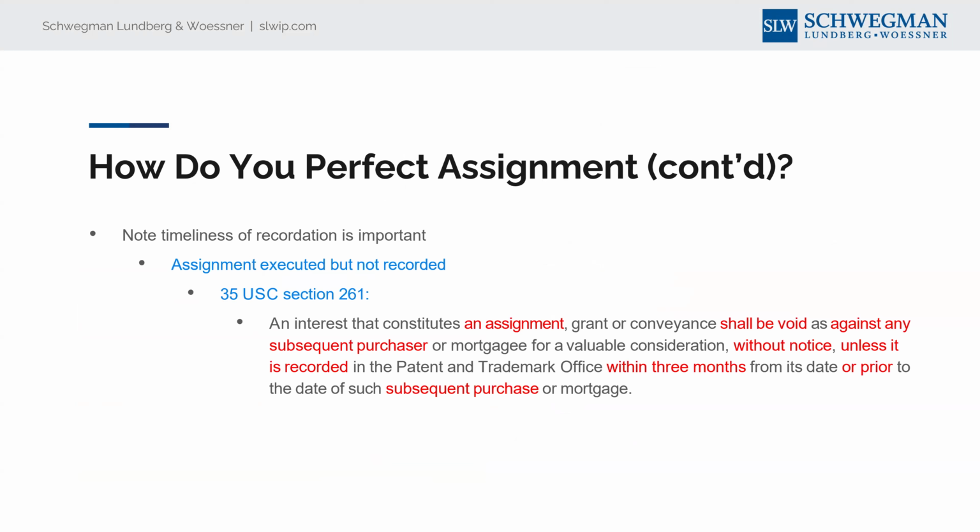So the question here is, regarding 3 months, there's this void after 3 months if not recorded. Is that only if it's purchased later that assignment is void, or is that in all cases? Is there a blanket rule that assignments are void unless they're recorded within 3 months?